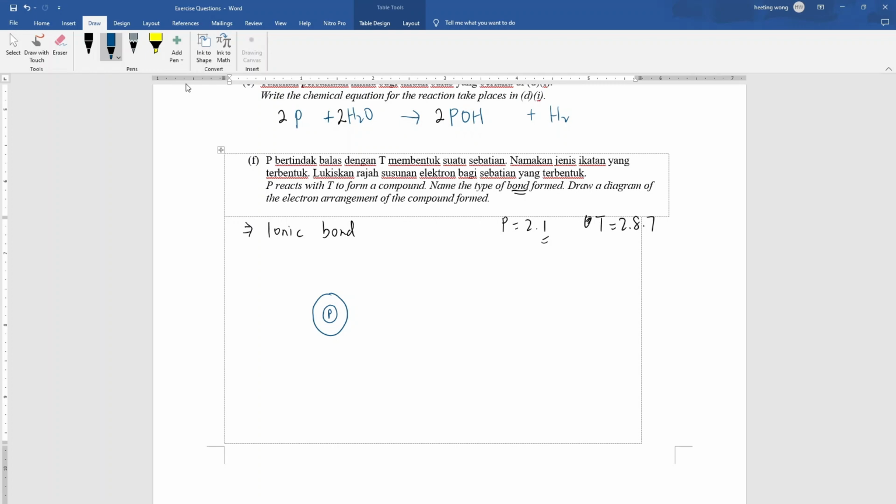Okay, so after you gain 1 electron it becomes negative, huh?